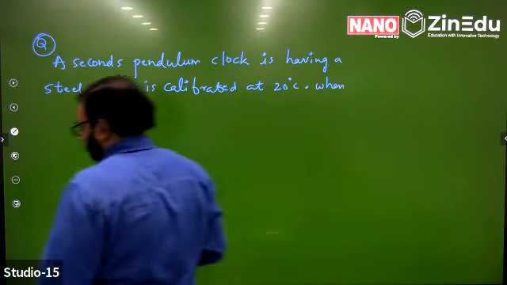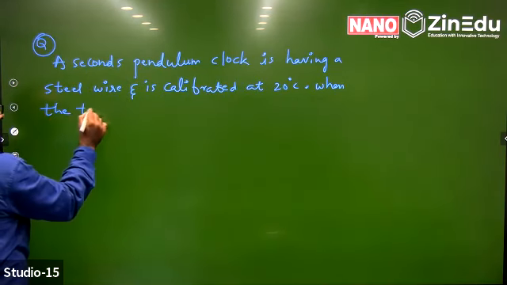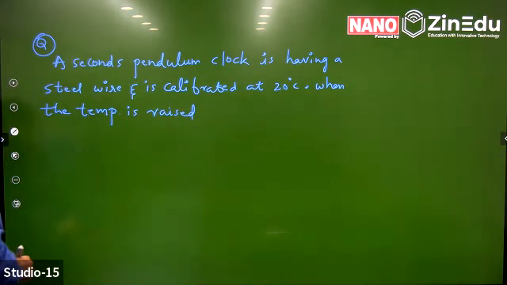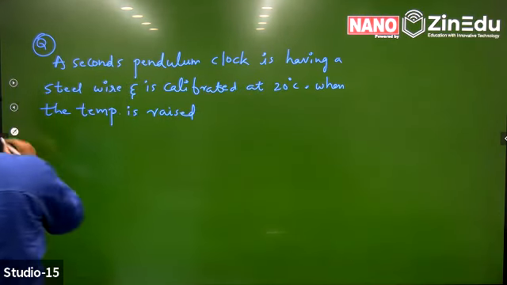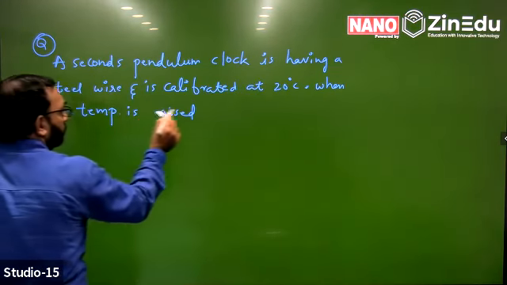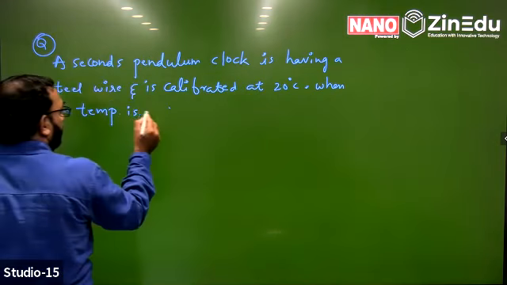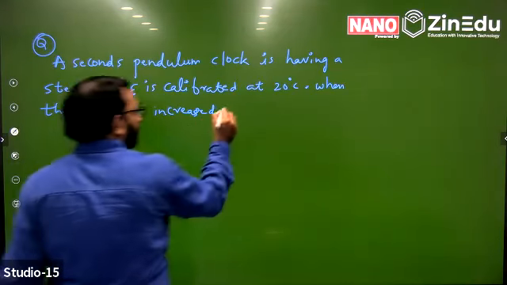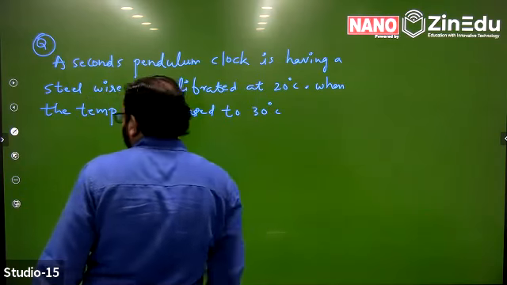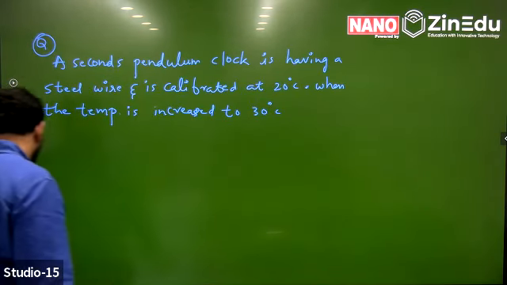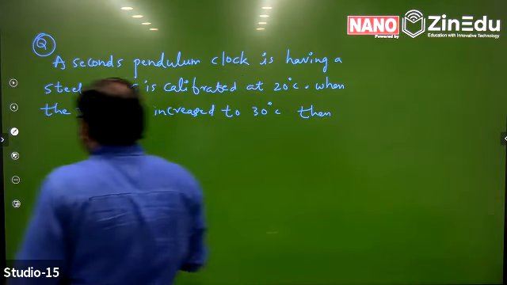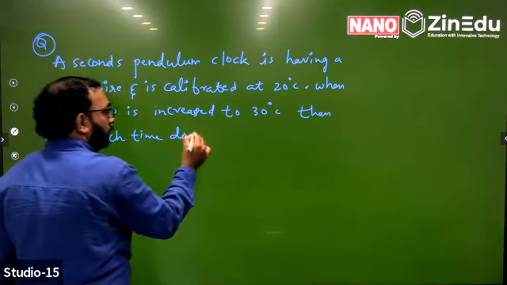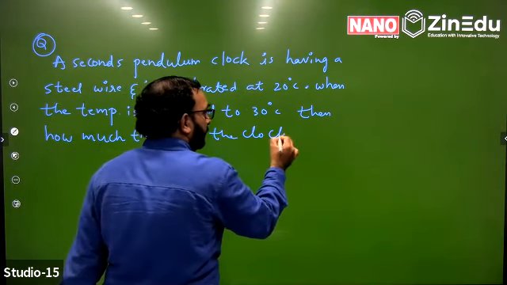When the temperature is increased to 30 degrees Celsius, then how much time does the clock gain or lose?